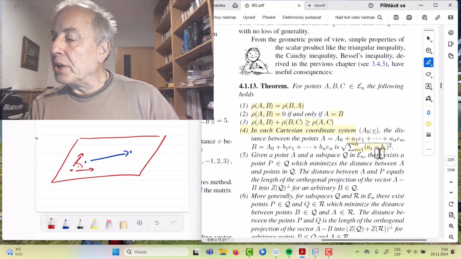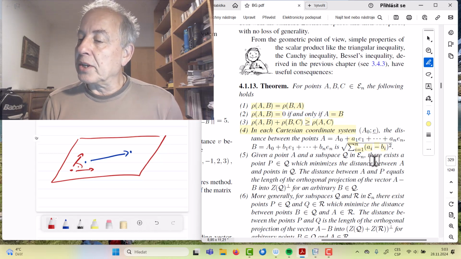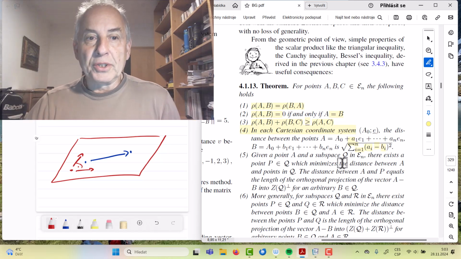You look at the individual coordinates, sum the squares of the differences, and then take a square root to get a norm. Without that it would be the square of the distance.